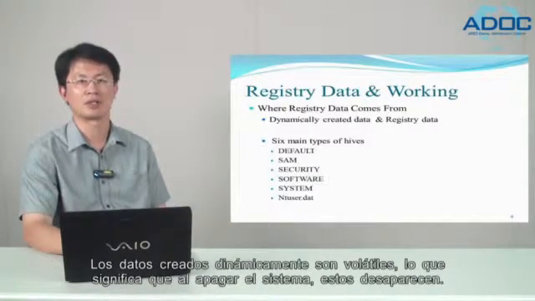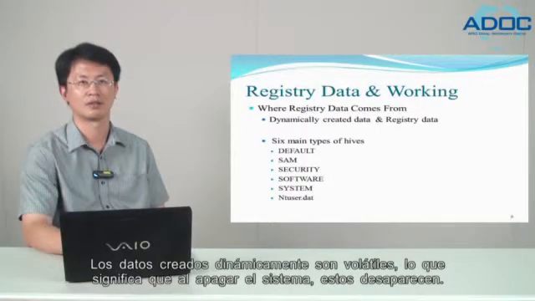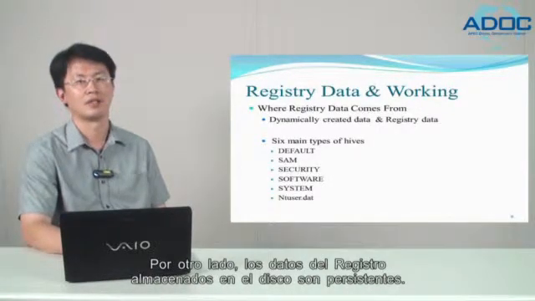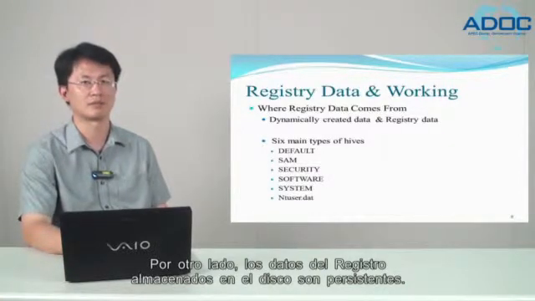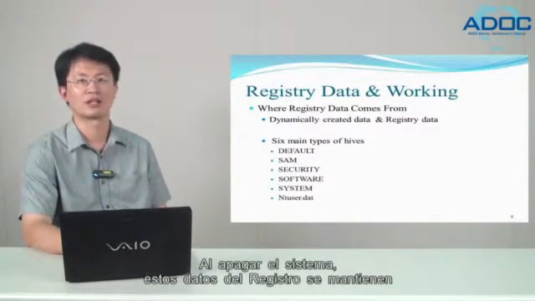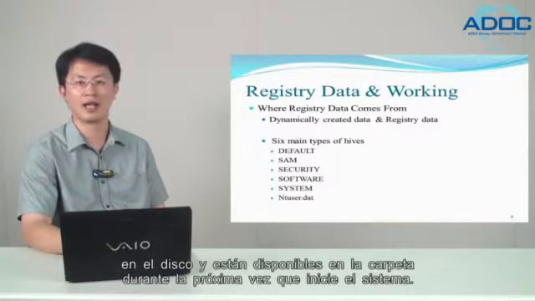The dynamically created data is volatile, meaning that when you shut down the system, it is gone. On the other hand, registry data stored on the disk is persistent. When you shut down the system, this registry data remains on disk and is available the next time you boot the system.